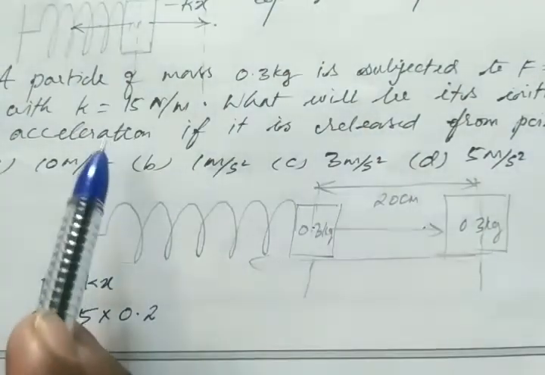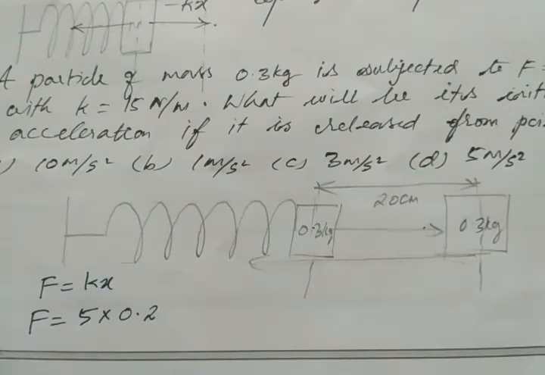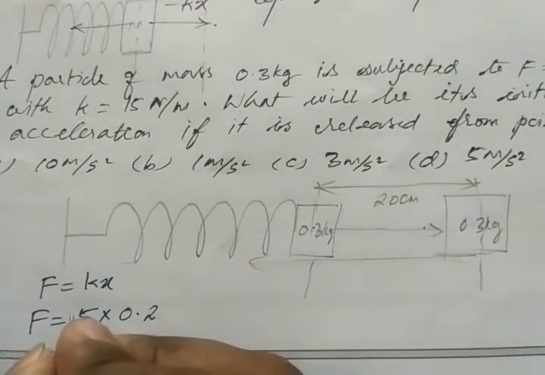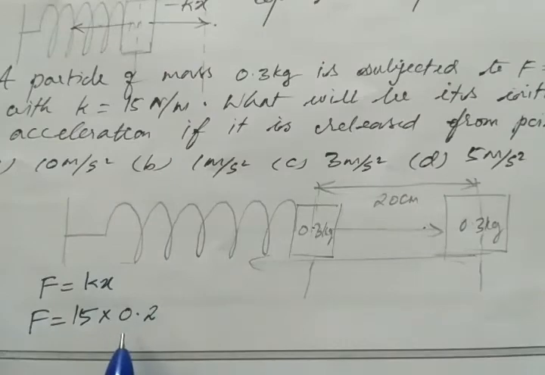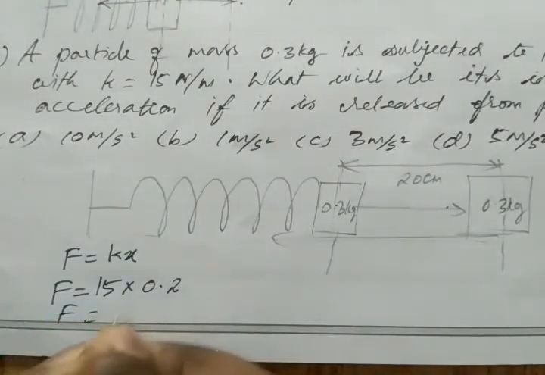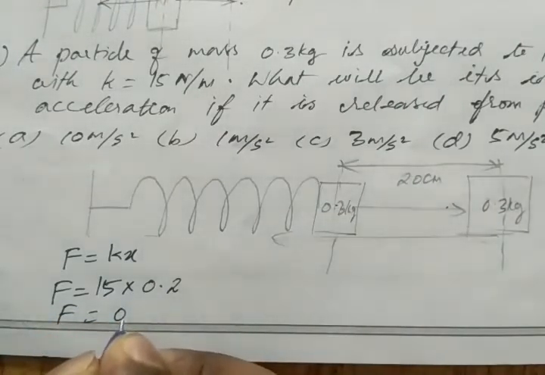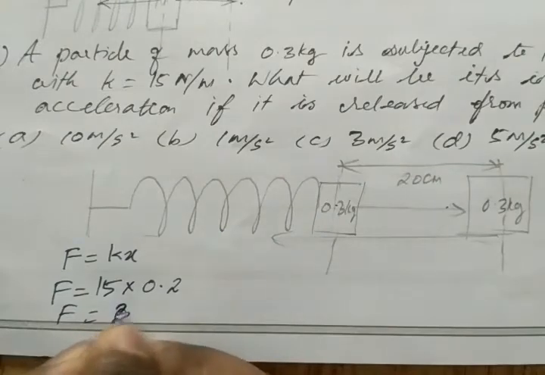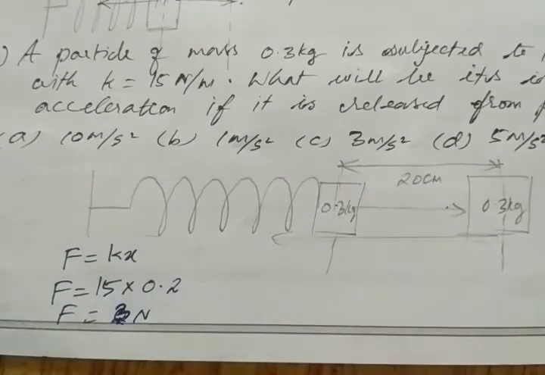Kindly change the question. The spring constant is 15 Newton per meter. So here we have 15 and the displacement is 20 centimeter. We have to convert it into SI unit. SI unit is meter. So convert 20 centimeter into meter, we get 0.2 meter and we multiply this, we get 3 Newton. So the total force acting on the mass is 3 Newton.